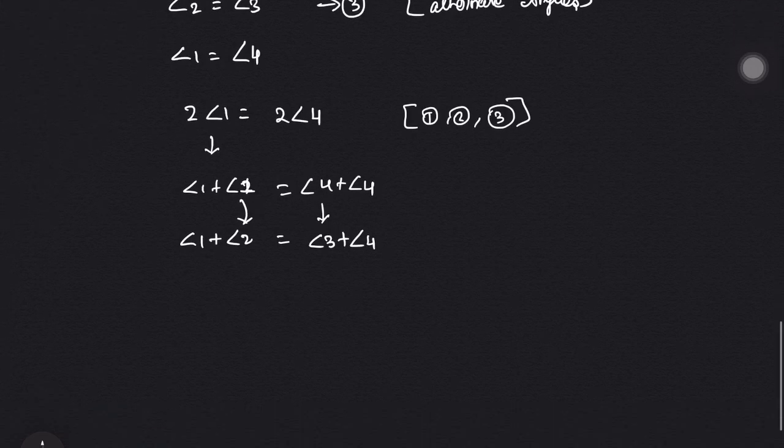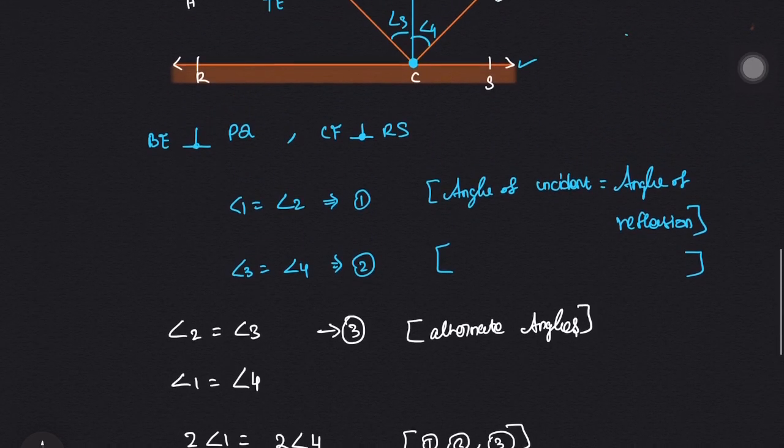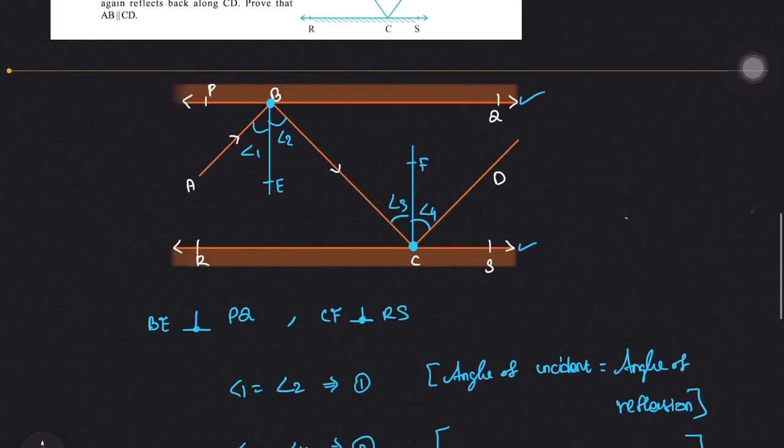So from equation 1 and 2, the value BCD is equal to ABC. These two angles are also equal.